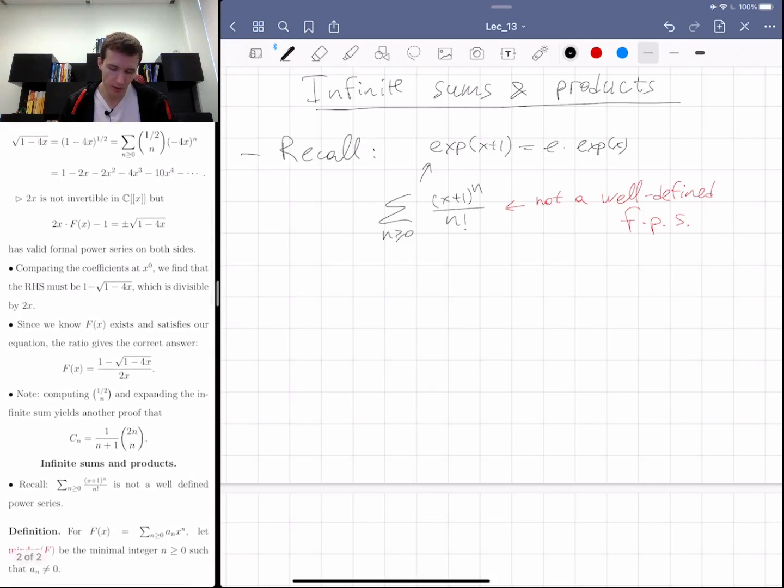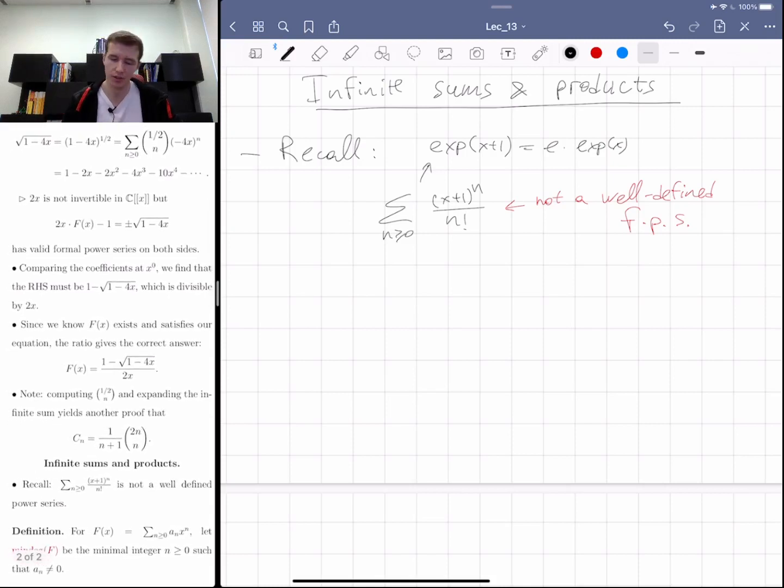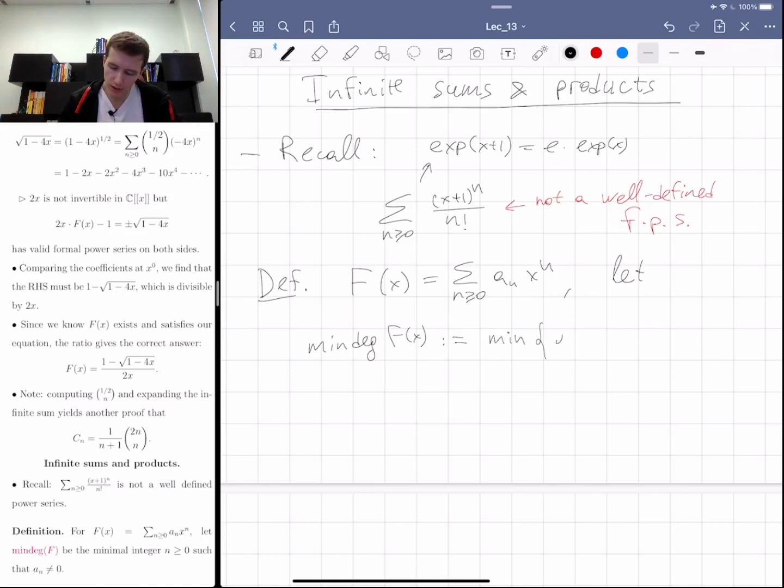So here's the way I'm going to make this precise, using the minimal degree of a formal power series. Here's a definition. If you have a formal power series, the sum of a_n x to the n, then I'm going to denote the minimal degree of f(x), by definition, to be the minimum n such that a_n is not 0.